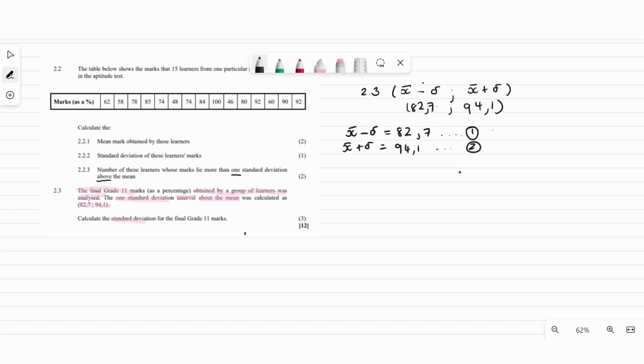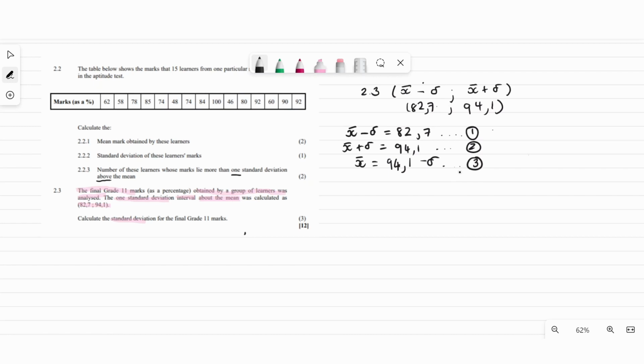When we make x bar the subject of the formula, we can take it from the second equation, or you can pick the first equation, it really doesn't matter. I'm going to take the second equation. When I make x bar the subject, I take the standard deviation to the other side, so x bar is equal to 94.1 minus standard deviation, and this is equation 3.